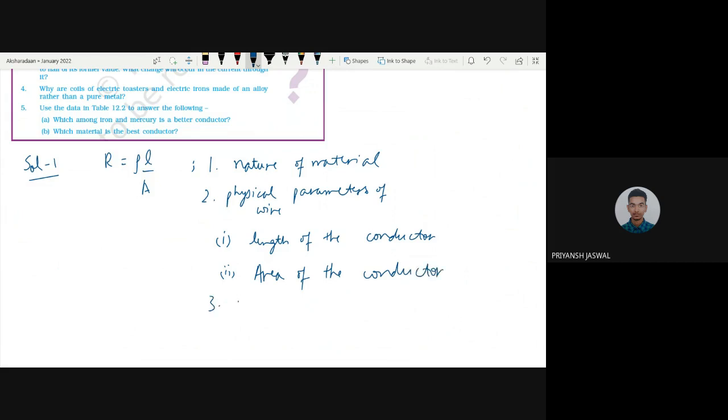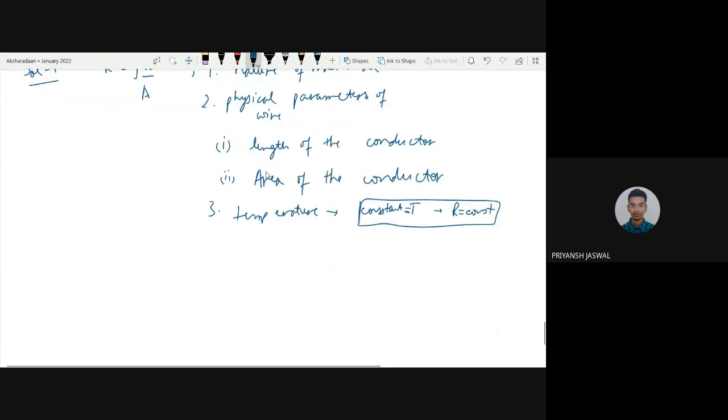And also the temperature. The resistance of a conductor varies with the temperature. So only for constant temperature will the resistance remain constant. This is one important condition. Otherwise, for a conductor, the resistance increases as temperature increases.